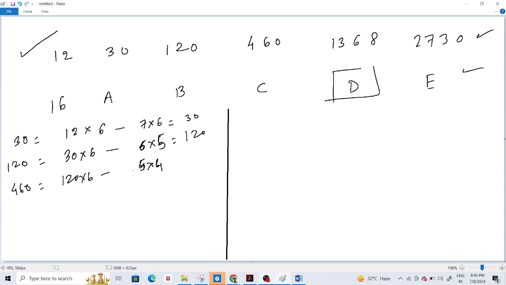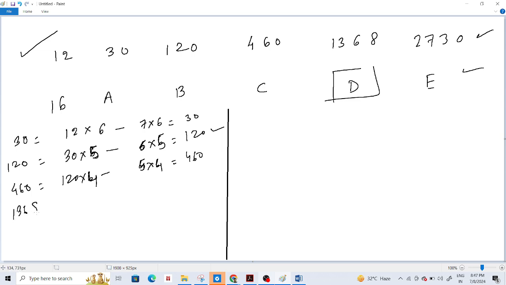No, not 12 into 6, 12 because I have to take 12 into 4, sir. So see the previous one, 30 into 5 is 150 minus 30, that is 120. 460 is 12 into 4, that is 480 minus 20, that is 460.